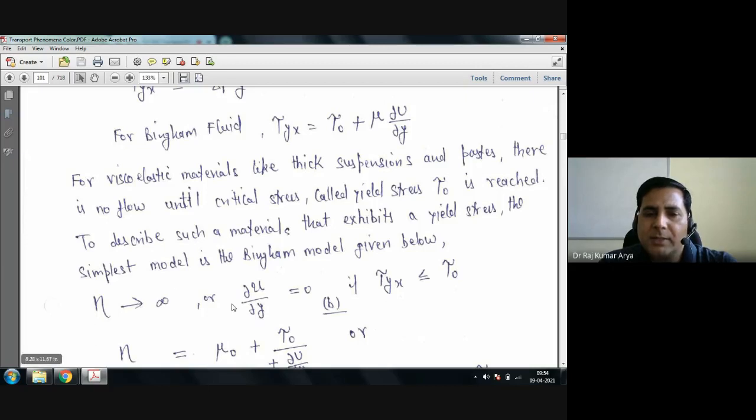It means it is behaving just like a solid when tau yx is less than or equal to tau naught. So that is the 0 part. From here you will get your del u upon del y term equal to 0, because the difference of these two is 0. So finally this term would come 0 here.